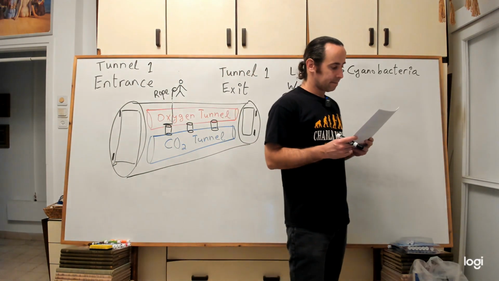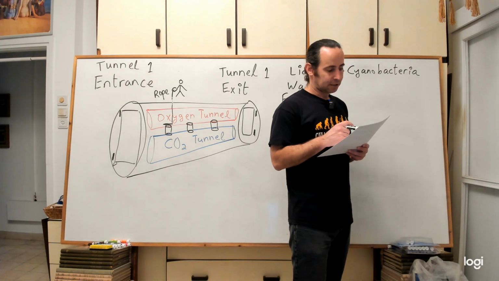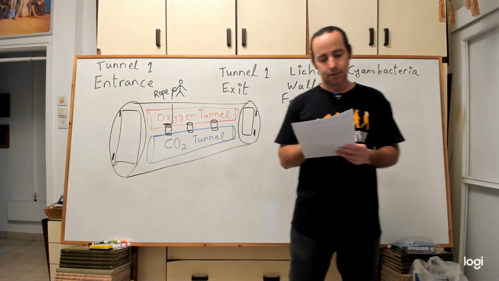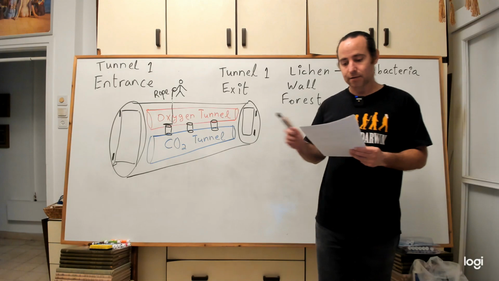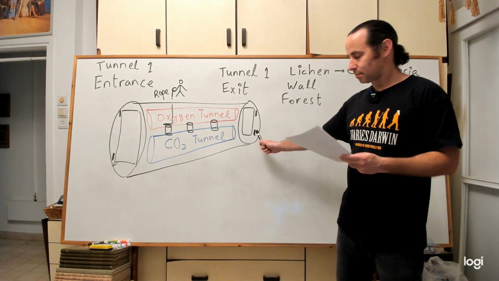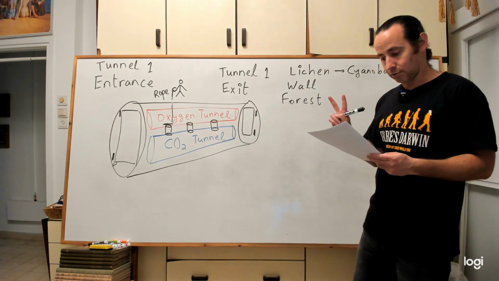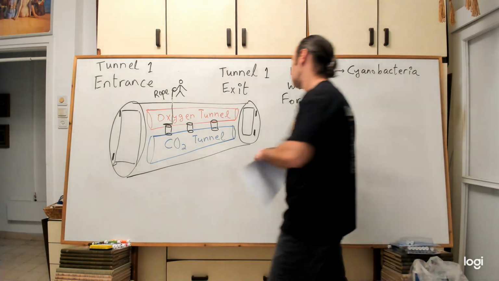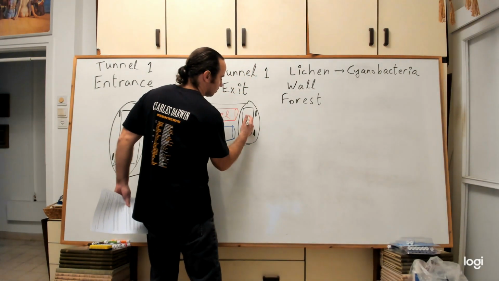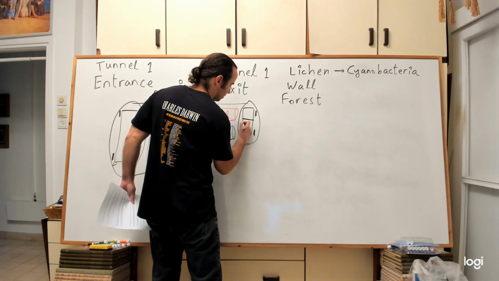I told you about lichen on the building walls. The door at the end of the tunnel is actually 2 doors. So we are separating this into 2 doors. This door and this door.